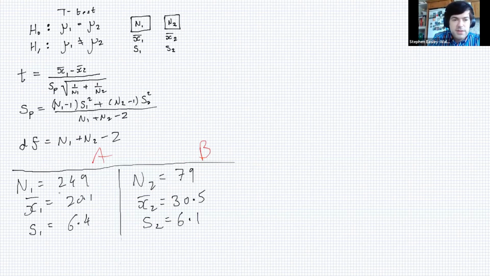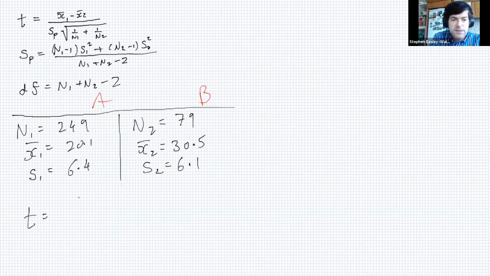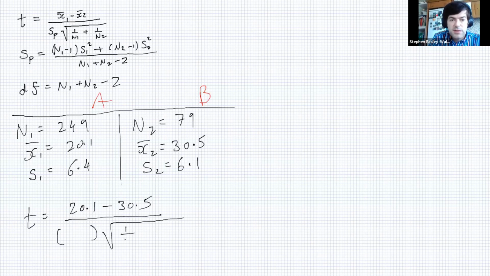Okay, so T, the first average minus the second average, over, now I'll leave a little spot for my SP, I'll have to calculate that separately, square root 1 over N1, 249, plus 1 over 79.